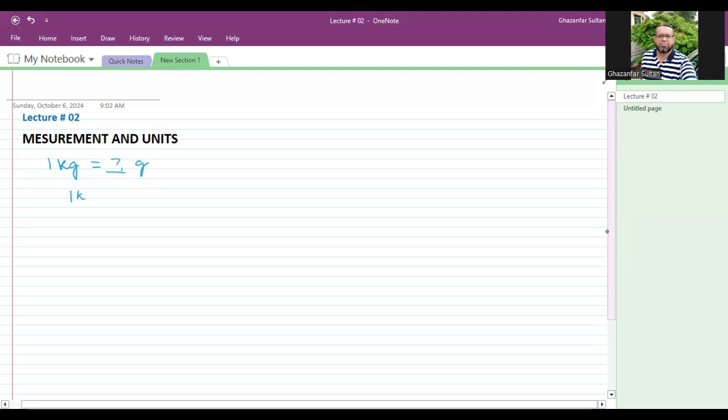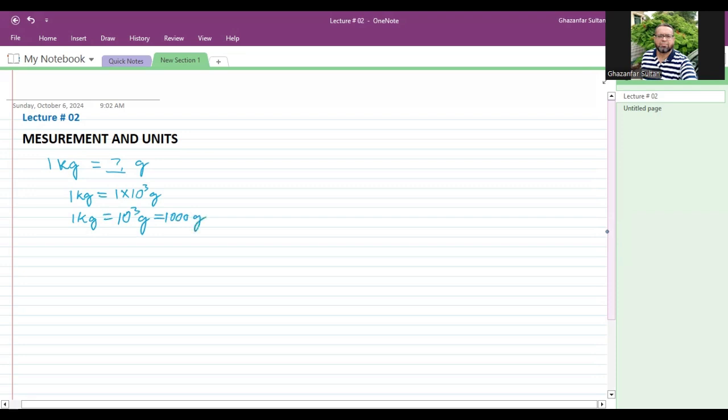So if you write 1 kilogram, instead of k you can write 10 raised to power 3 or 1000. So 1 kilogram is equal to 10 raised to power 3 gram, or 1000 gram. 10 raised to power 3 is equal to 1000.